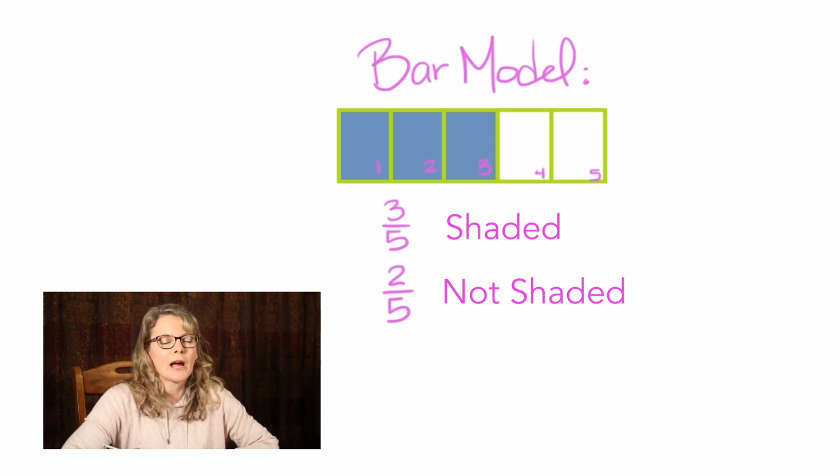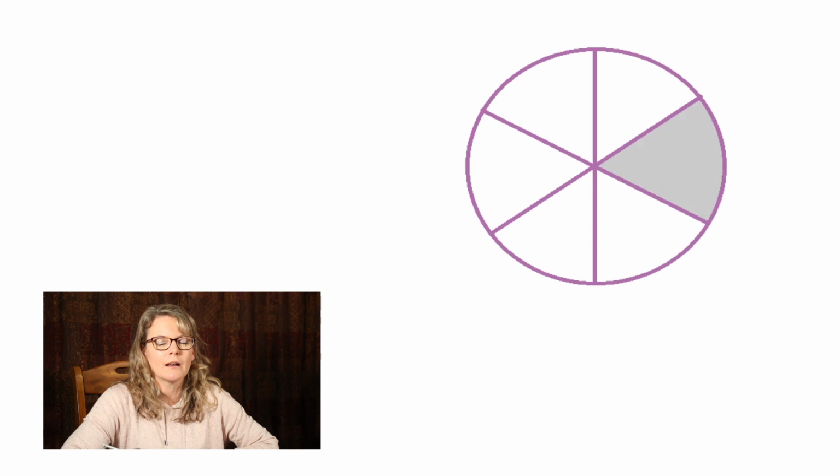All right, let's practice another pie model like our pizza. What part is shaded on this one? 1. Total number of pieces? 6. 1/6 is shaded. All right, what part is left unshaded? 5/6. All right, we can also find fractions of shapes.